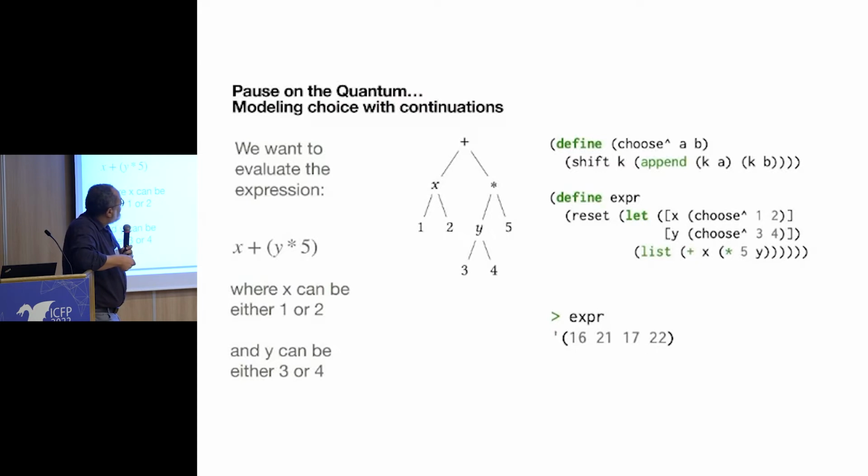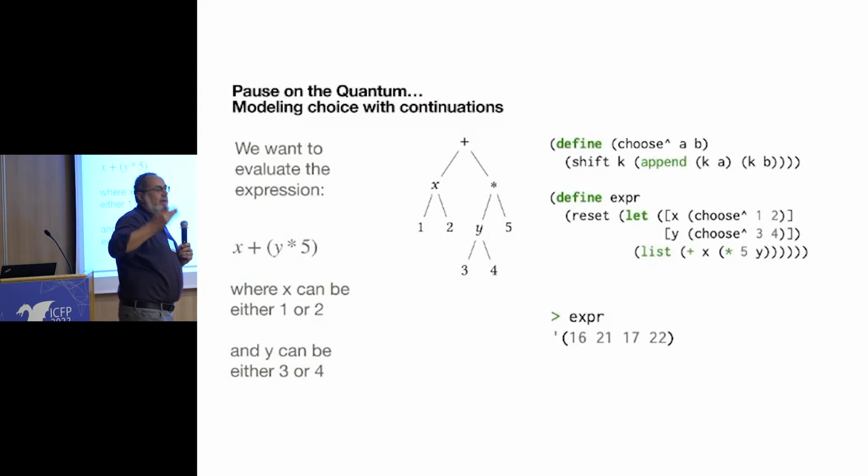And then what is the choice? It says, give me the continuation. I'll give you a visual in the next slide, and copy it twice. So if I want to choose between A and B, I'm choosing, and somebody is going to see my choice.